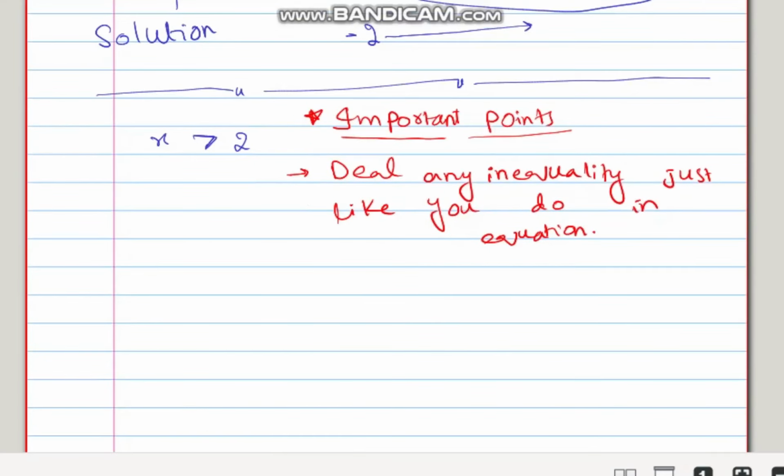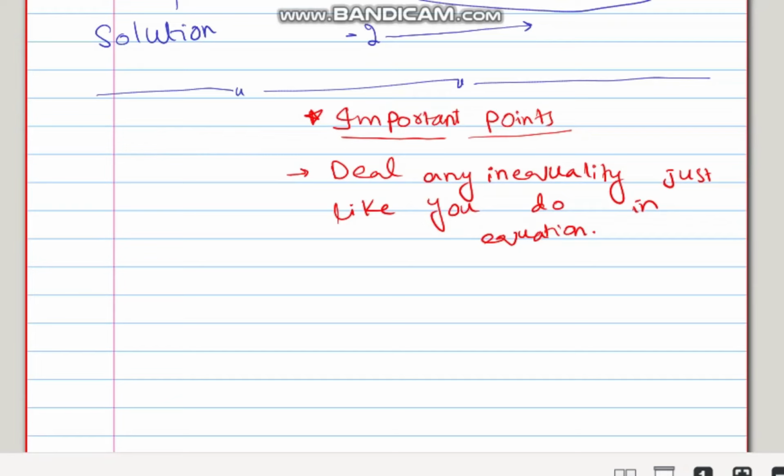So let me write another point, please. Like for example, I have written here x is greater than 2. So let's think about an equation.